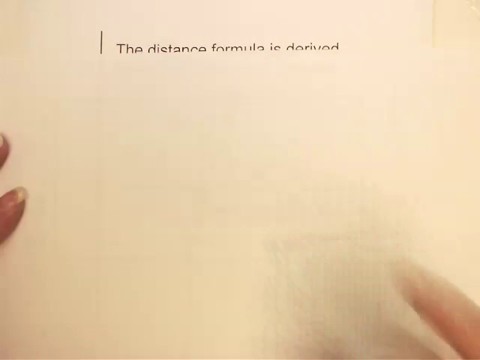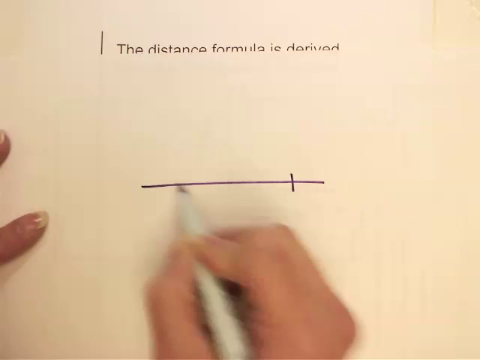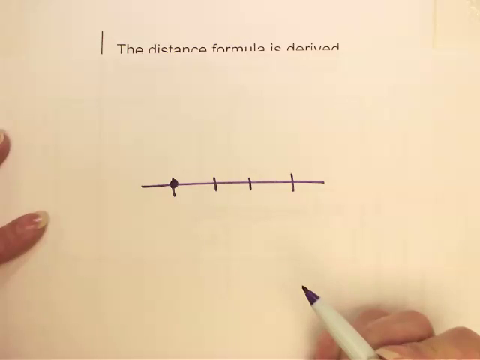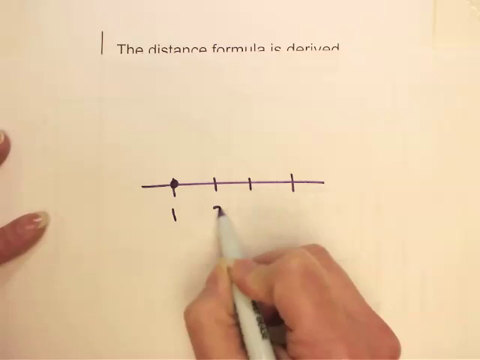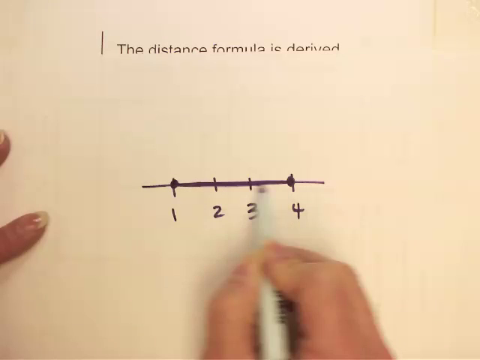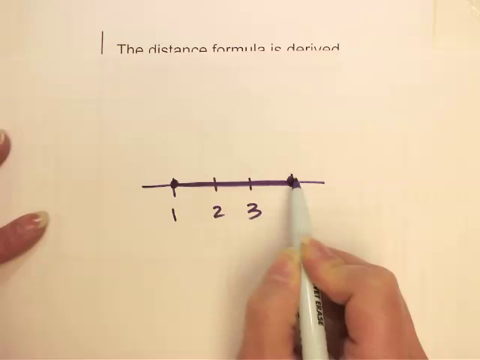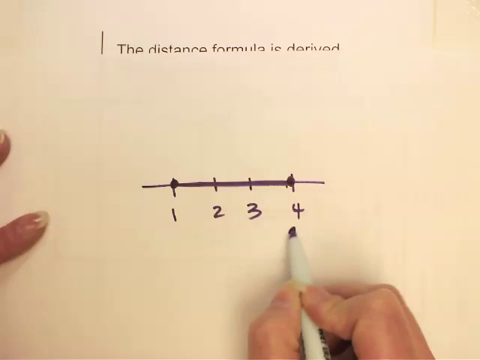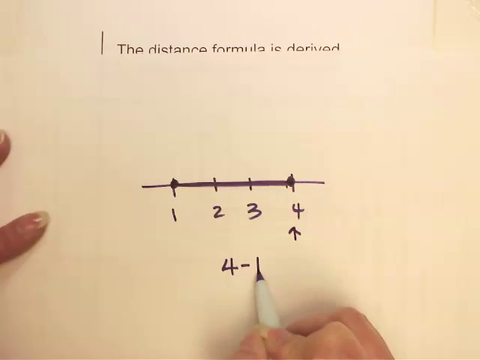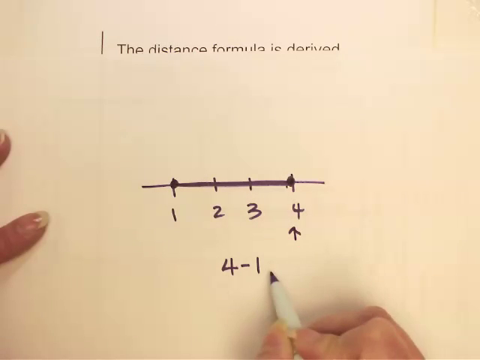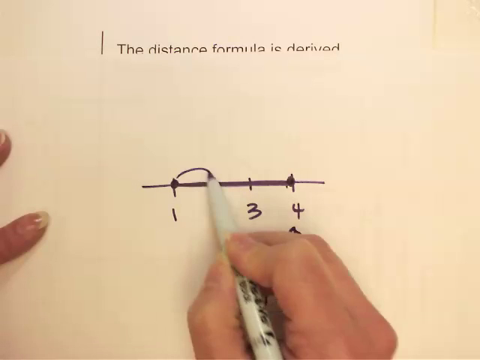Let's say I was on a number line and I had 2 endpoints, let's say right here there's an endpoint at 1, and over here there's an endpoint at 4. How would you find out how long this line segment is? Well, I could count it, 1, 2, 3. Or what I could do is take 4, take away 1. My endpoint minus where my starting point was, right? So 4 take away 1 would give me the distance, which is 3. 3 spaces is how much I moved.